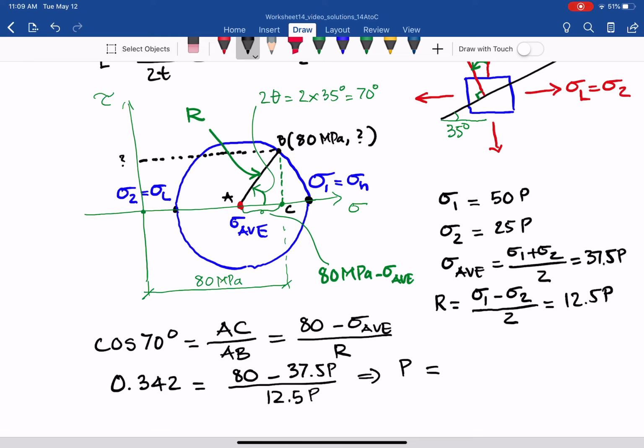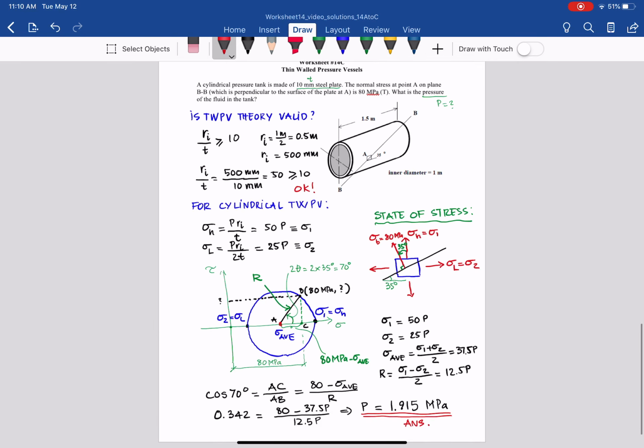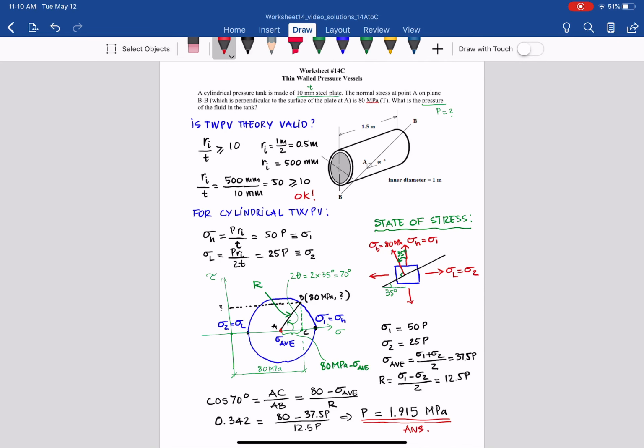So from that we can get 1.915, and the answer is in megapascal. And that completes our problem. You see that there. So that is worksheet 14C.